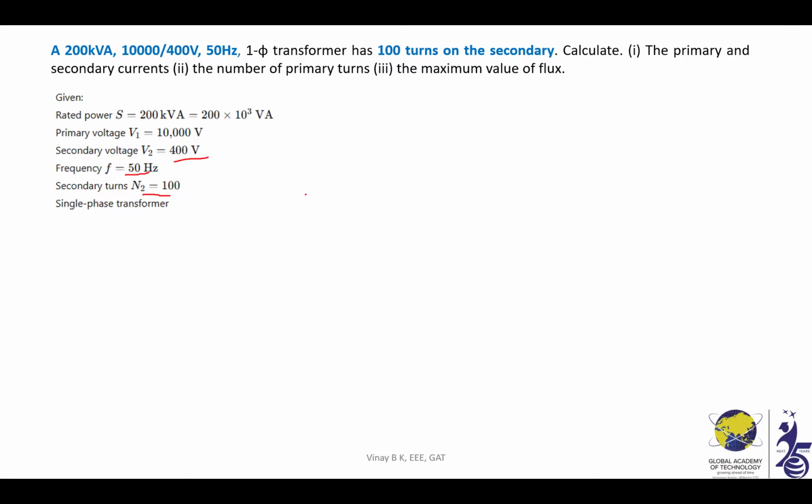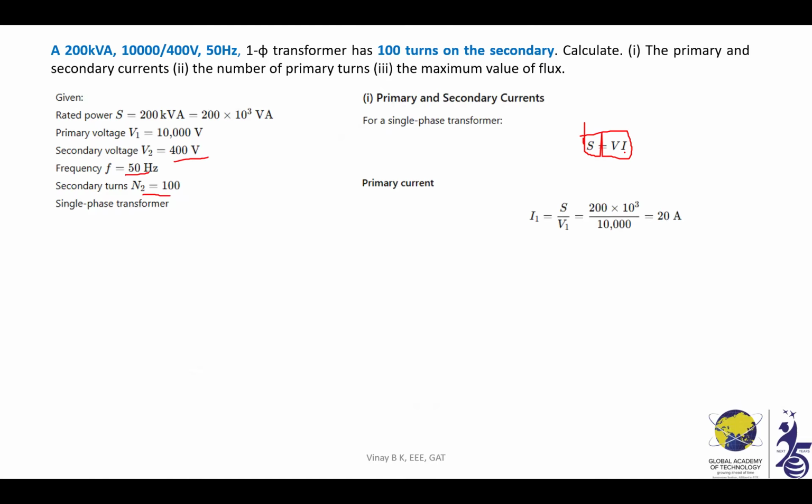You will need to find primary and secondary current, so we know that the kVA rating is given by V into I. Therefore I1, the primary side current, is the VA rating divided by the primary side voltage, that is S divided by V1.